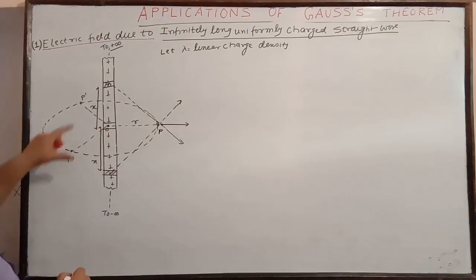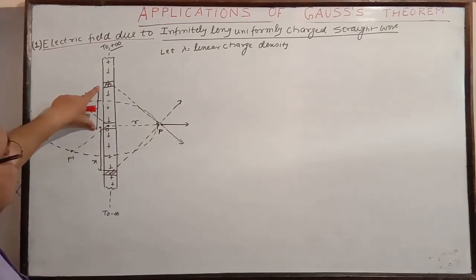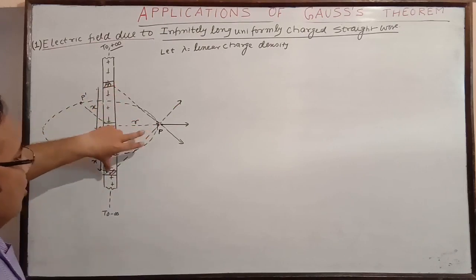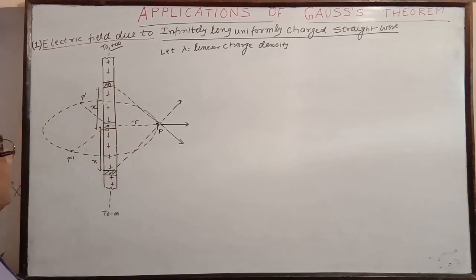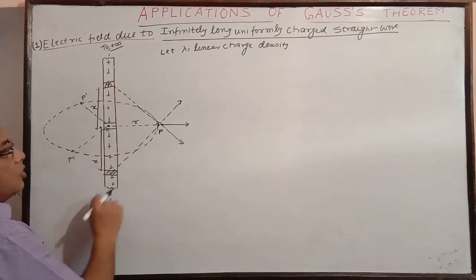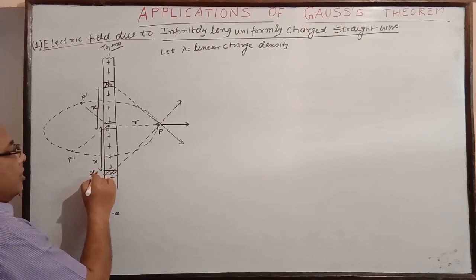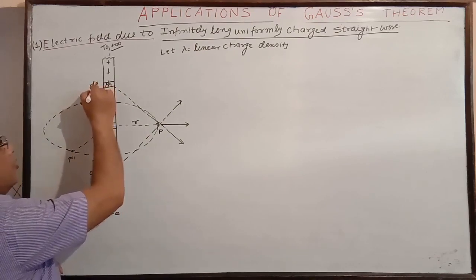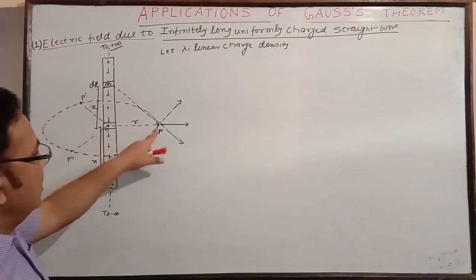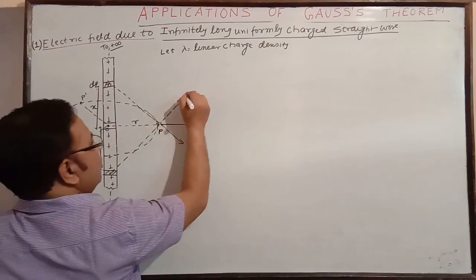Now these two are at equal distance. It's quite obvious this length will also be same. In that case, if equal length element is taken, the charge amount over here will also be same, say dq. It's quite obvious for same charge amount and same distance, the electric field magnitude will be same.